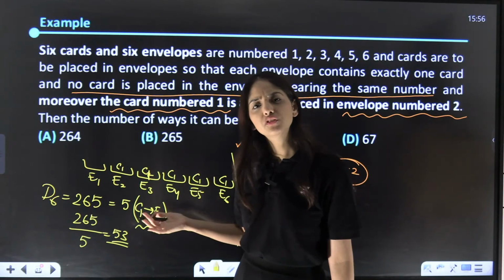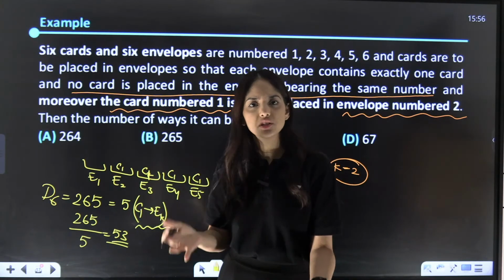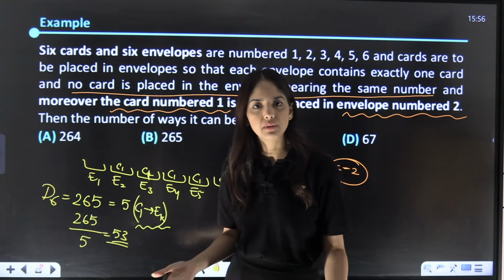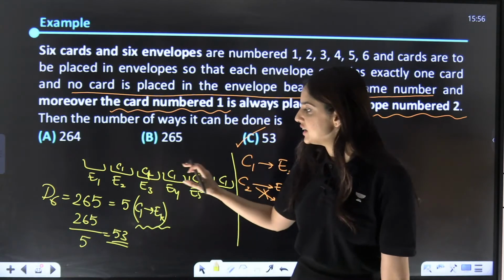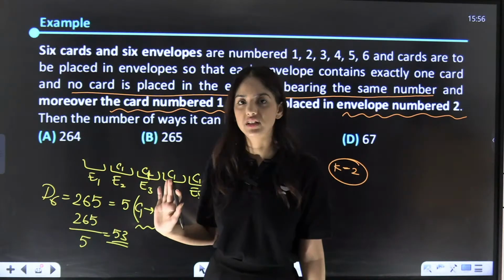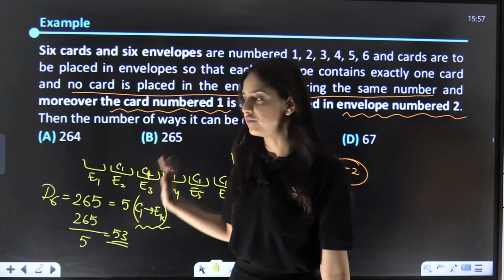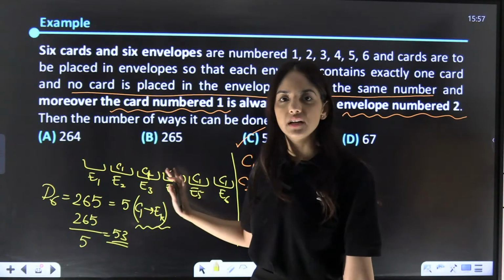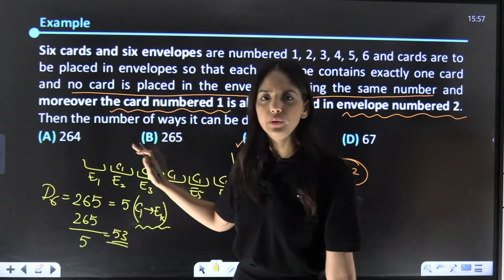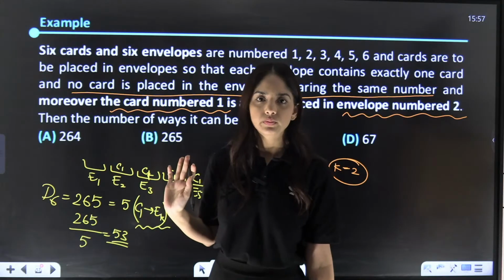And for each of them, it would be identical. There's not much difference. Once it's gone there, then there will be the same number of possibilities. So that number of possibilities is D5, that is 265. That is the number of possibilities of derangement once we know that C1 is going to E2.